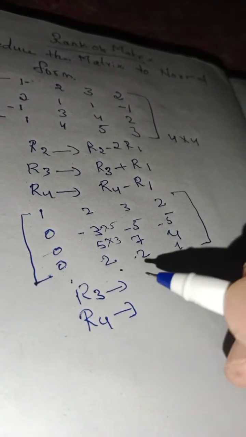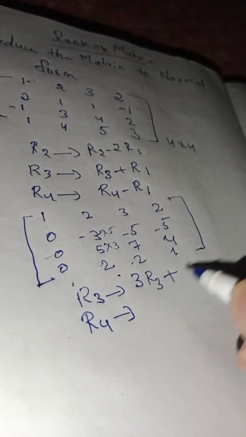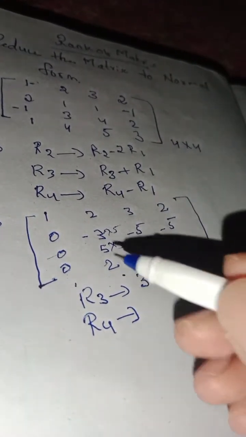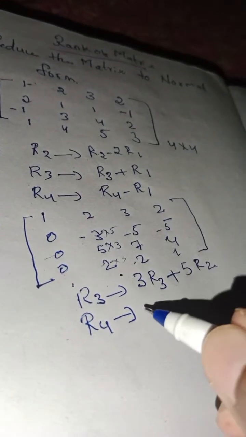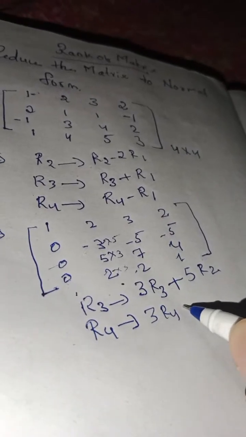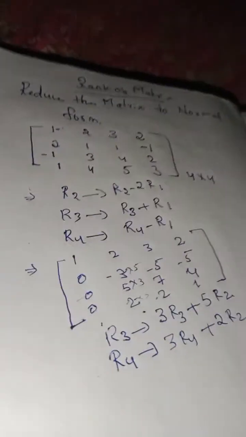So R3 is 3R3 plus 5R2. Because 5 3s are 15, 3 5s are 15. Again next, 2. Here we have to multiply with 3 and 2. So 3R4 plus 2R2. If I'm doing any mistake, you can also tell me.